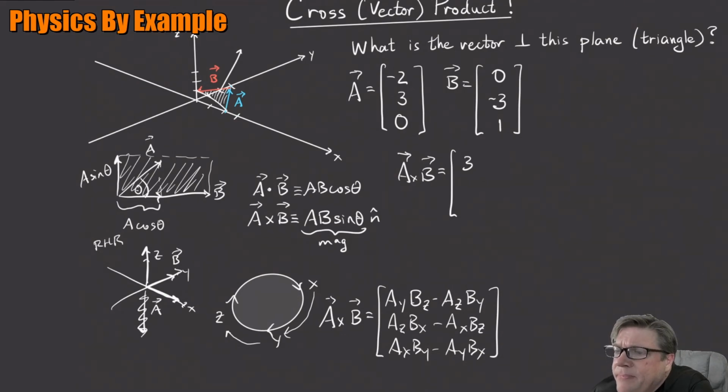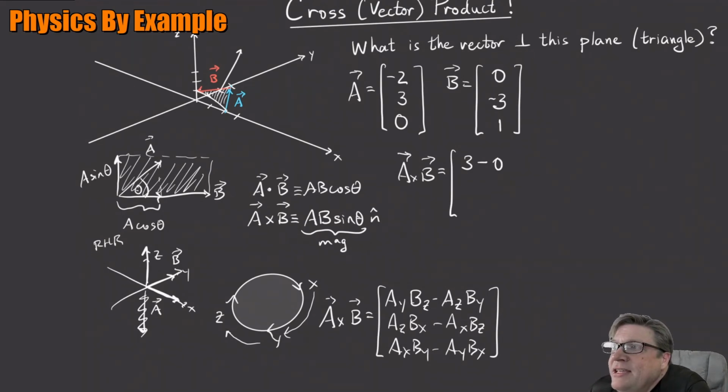Oh, I messed that up. a_y, b_z, hold on. I see. Okay, a_y, b_z is 3. a_z, b_y, 0. Okay, I had it right. 3. And then I got minus a_z, b_y is 0. Cool.